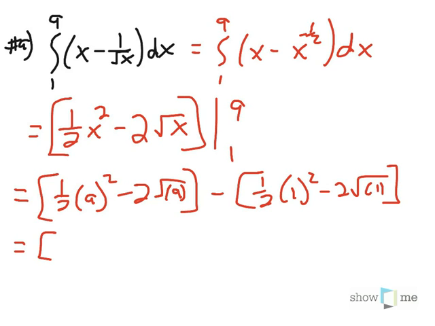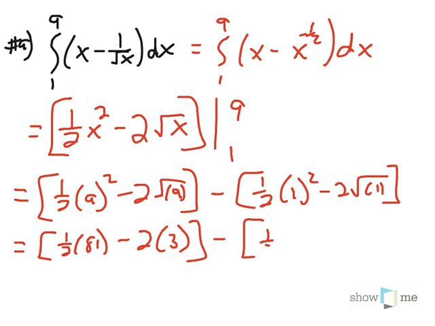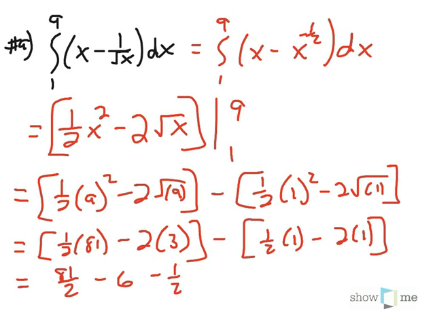Nine squared is 81. Square root of 9 is 3. 1 squared is 1. Square root of 1 is 1. This is going to give us 81 halves minus 6 minus 1 half plus 2.